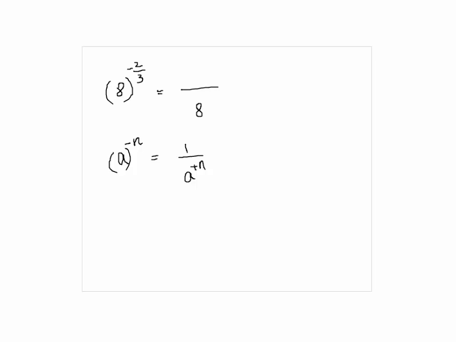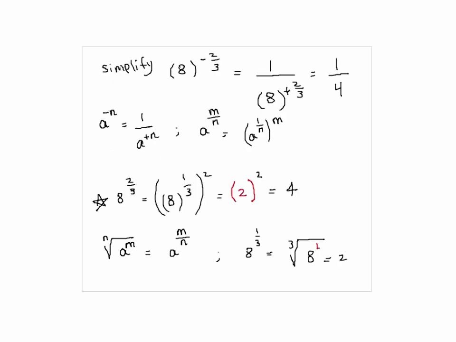And then its exponent becomes 2/3 because of that. Do you follow that so far? Okay, so you see why we have 1 over 8 to the power of 2/3, and then 8 to the power of 2/3 we showed this is equal to 4. So the final answer should be 1/4.